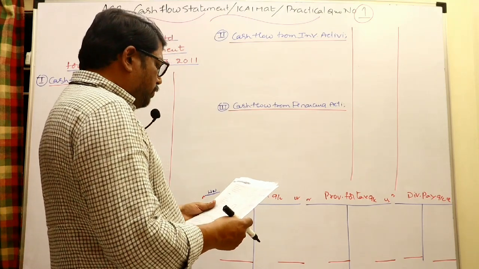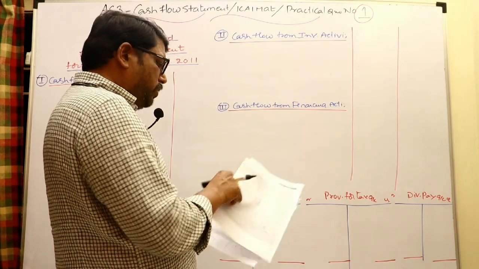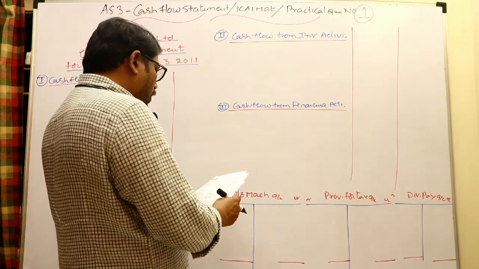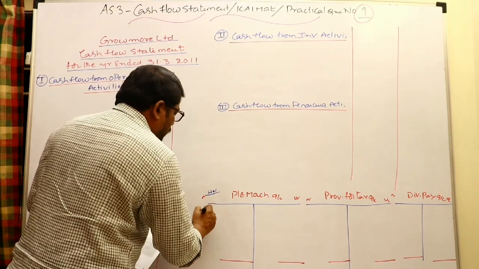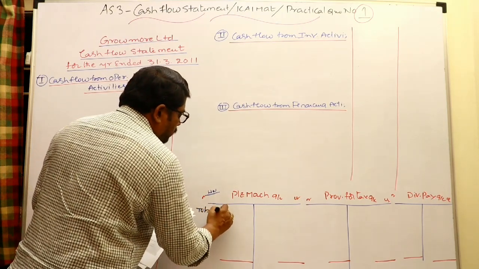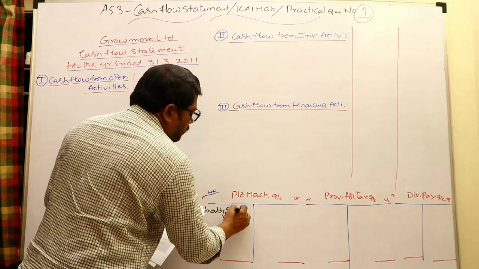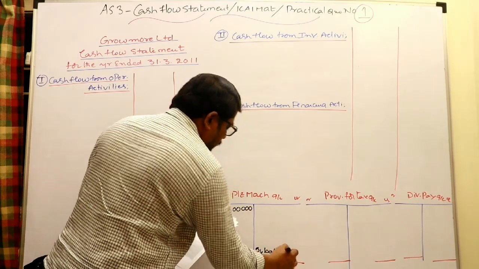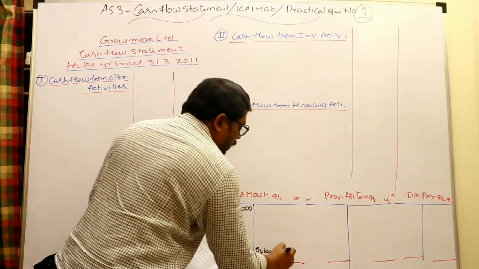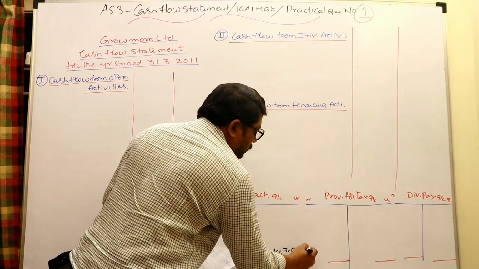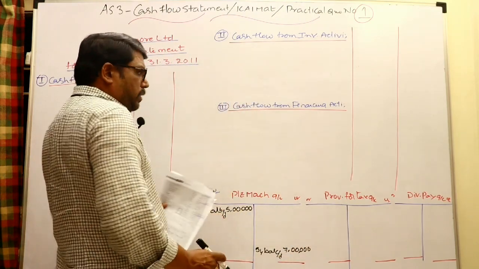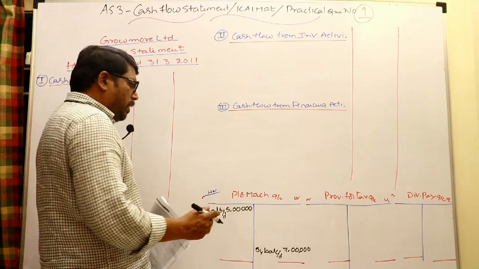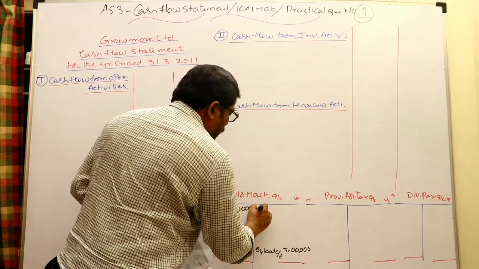First, I would like to have the plant and machinery account. Take the opening balance of 5 lakhs, balance brought down 5 lakhs. Closing balance, by balance carried down, 7 lakhs. It is said that on the 5 lakhs opening balance, depreciation is 25%: 5 lakhs into 25%, 1,25,000, depreciation on plant and machinery.